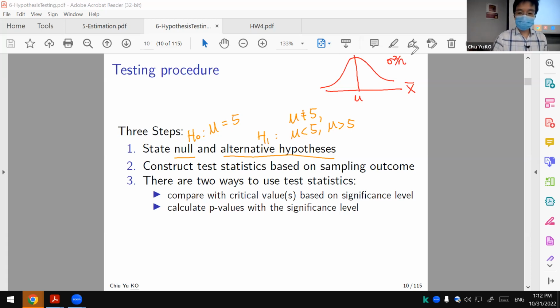The main idea here is we know this distribution, and under the null, this is what is happening. This will be 5, will be there. We know this number. And based on the sampling outcome, suppose it's like here.